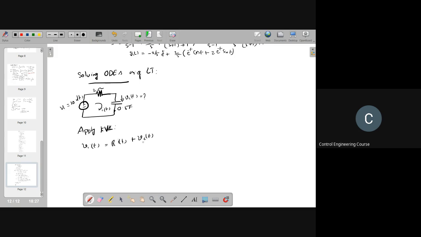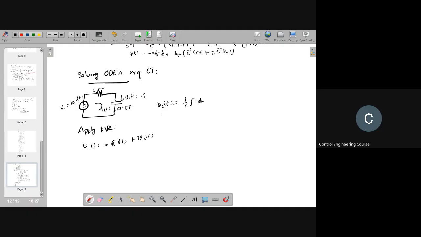Where Vc(t) is the capacitor voltage, what is the formula for capacitor voltage? 1/C integral of i dt, right?